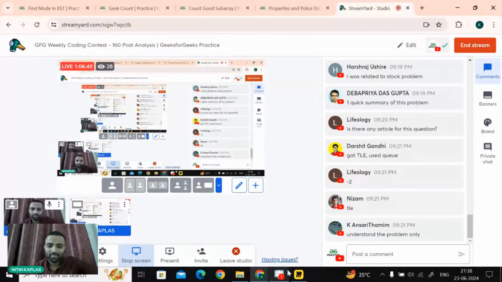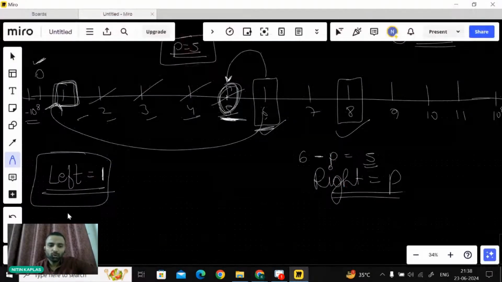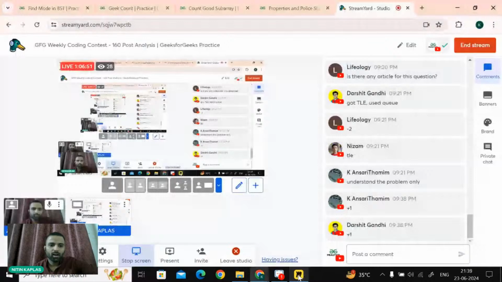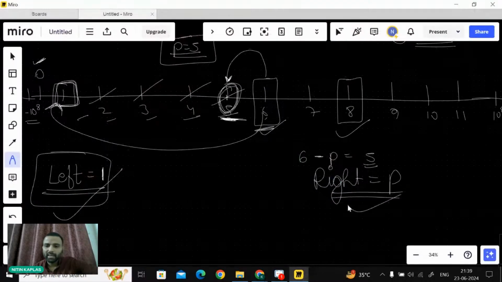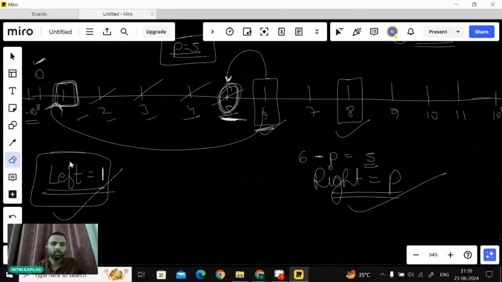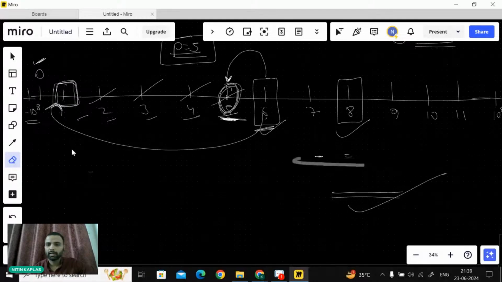Okay. So I hope you understand the range, left and right. Let's first clear this so that we can do the dry run.